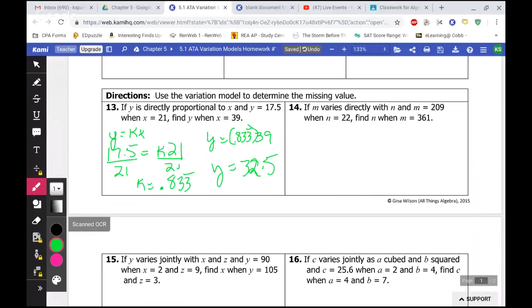Today's the 26th, right? Correct. So if m varies directly with n, and m equals 209 when n equals 22. So m equals kn, and m is 209, and n is 22. We'll divide both sides by 22. Make sure everything's cleared out of my calculator this time.